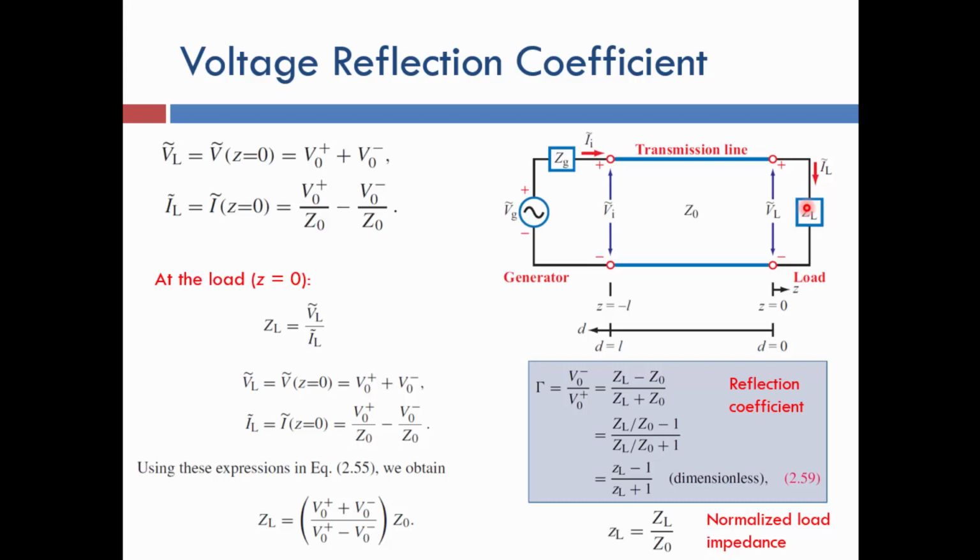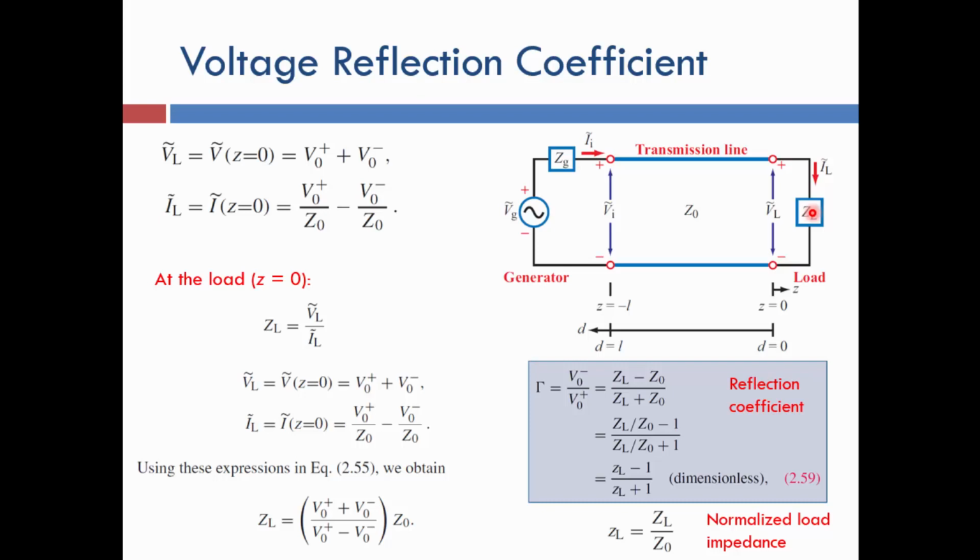In other words, not all the power sent by the generator through the transmission line will be delivered to the load, or maybe nothing from this power will be delivered to the load. And this is a very big problem.